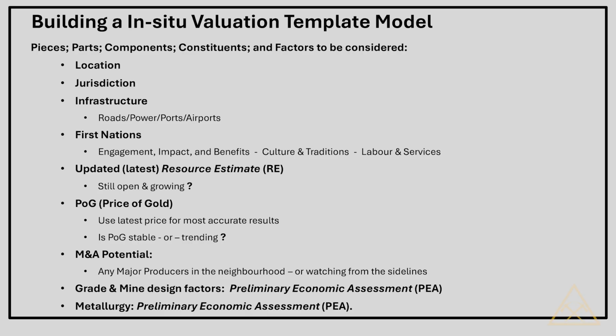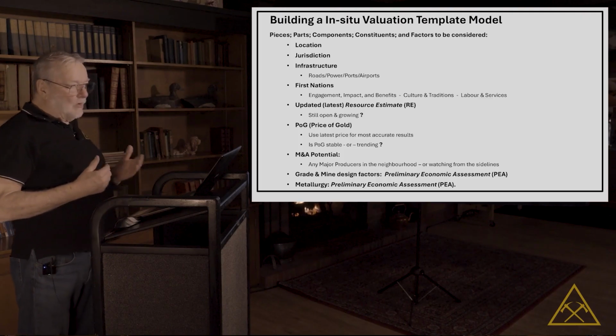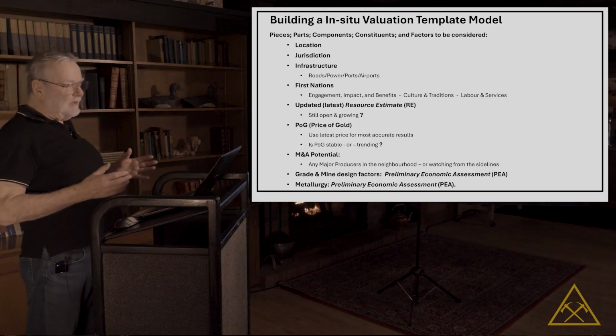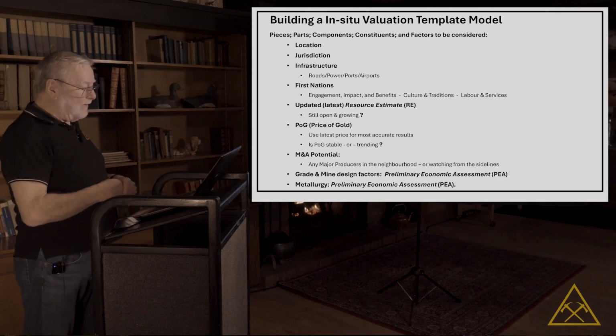What is the relationship between the exploration company and the First Nations in that area? And how far have they established that relationship? In the Golden Triangle, the relationships that the exploration and mining companies have with First Nations are first class. I mean, the resource when it's mined will be shared and there will be benefits for everybody.